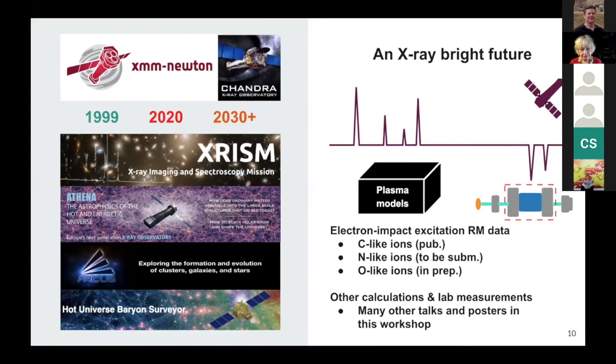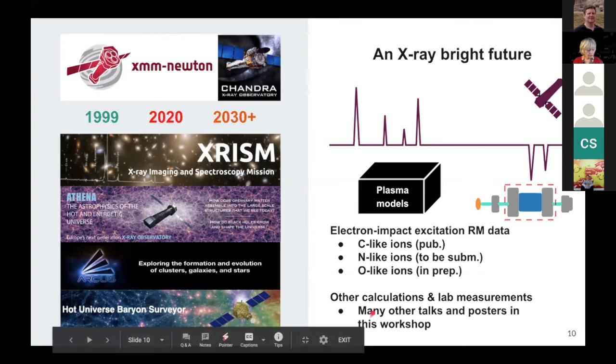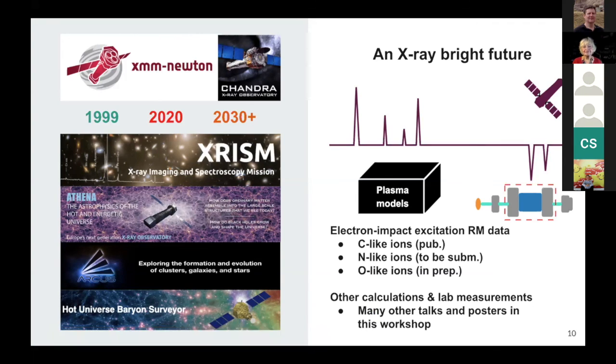But of course, thanks to this workshop and many previous and following talks and posters, we can see that there are more theoretical calculations and lab measurements going on. And clearly, a joint effort is really needed to prepare ourselves for the new missions. I'll stop here and take questions. Thank you all for listening.